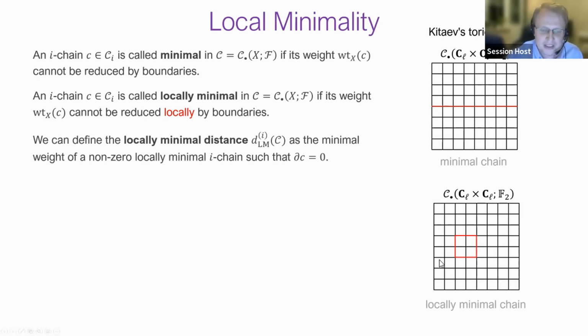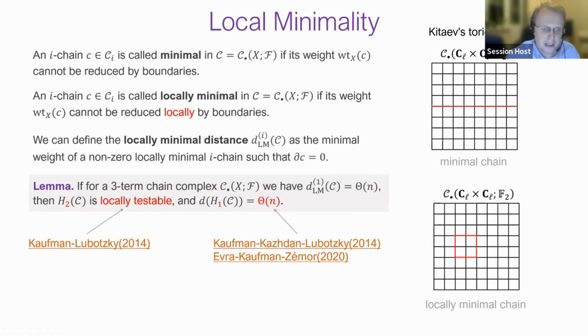You can also consider the weight of the minimal non-zero locally minimal code word, and this is different from the standard notion of the distance. For example, for the toric code, you also have locally minimal chains which are not minimal, so it is not equal to the standard notion of minimum distance.